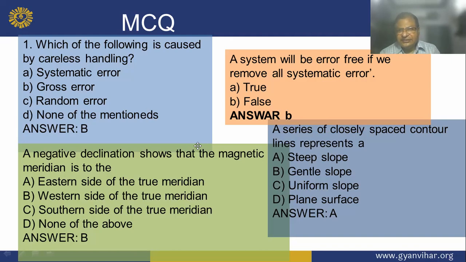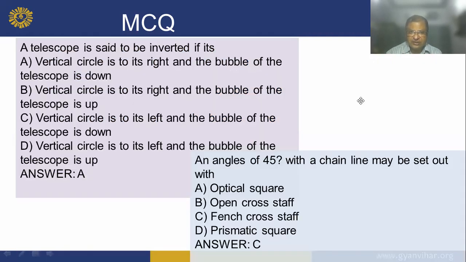Now, next question. A series of closely spaced contours indicates, question A. Then what is the answer? The correct answer is steep slope. And next, a telescope is said to be inverted if it, what is the correct answer?